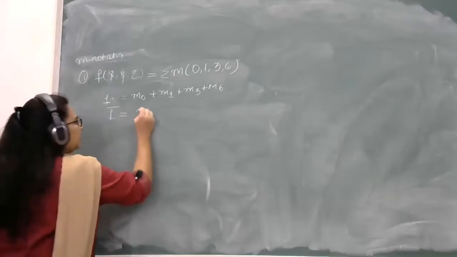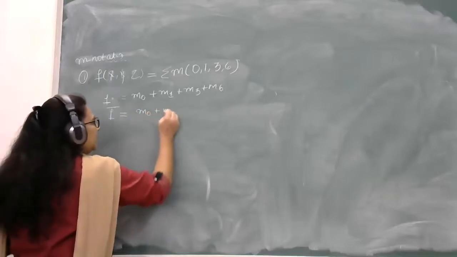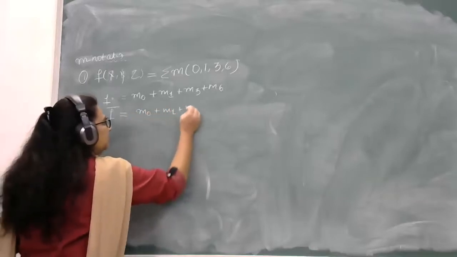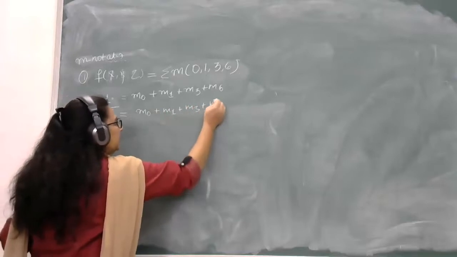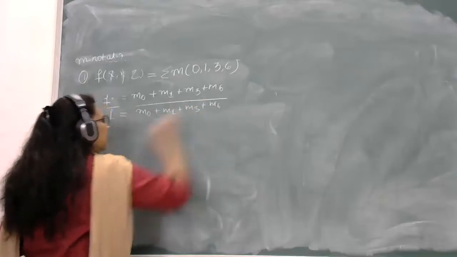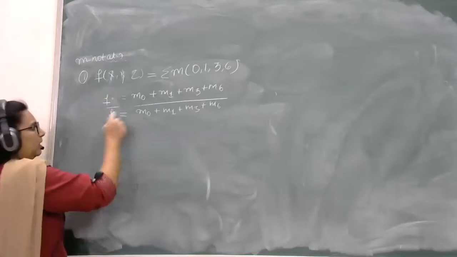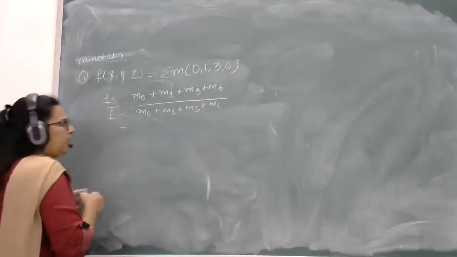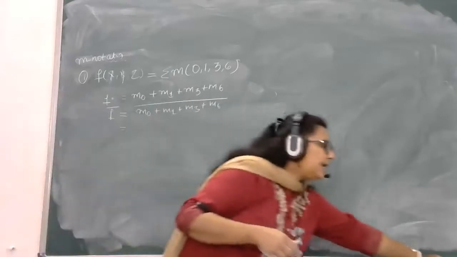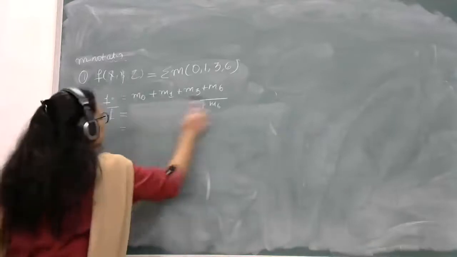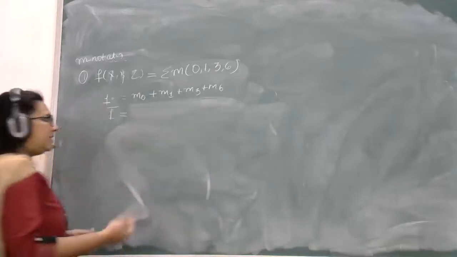F bar is nothing but m0 plus m1 plus m3 plus m6, whole complement. So what is the complement function?